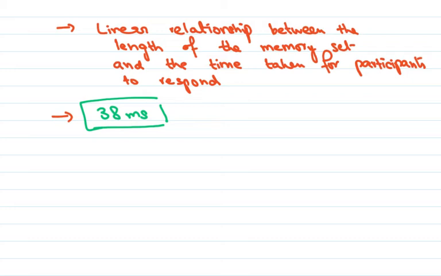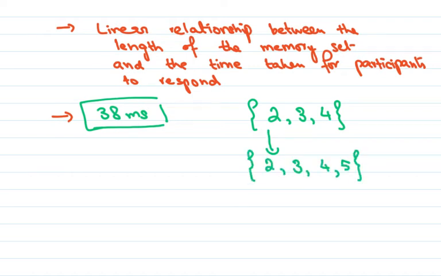So if he first had this data set, and then added another digit to it, so he went to 2, 3, 4, 5, and if the time to respond was something like 400 milliseconds here, here it would be 438 milliseconds.